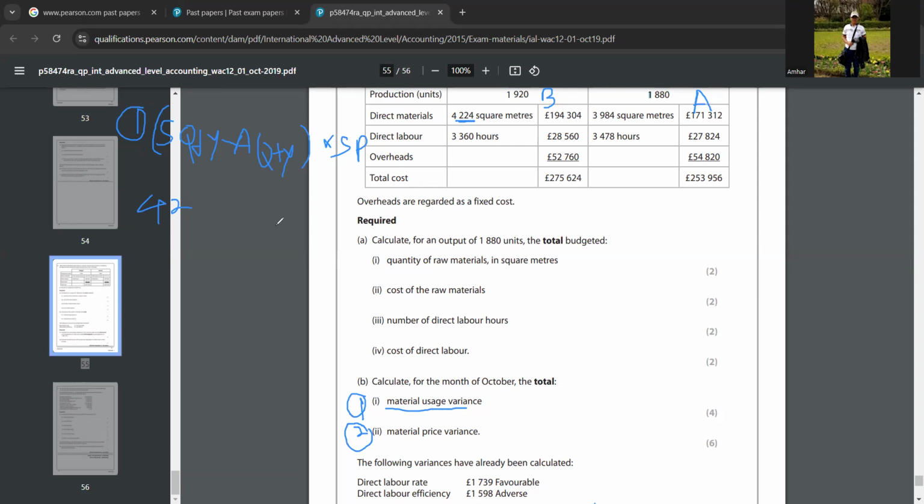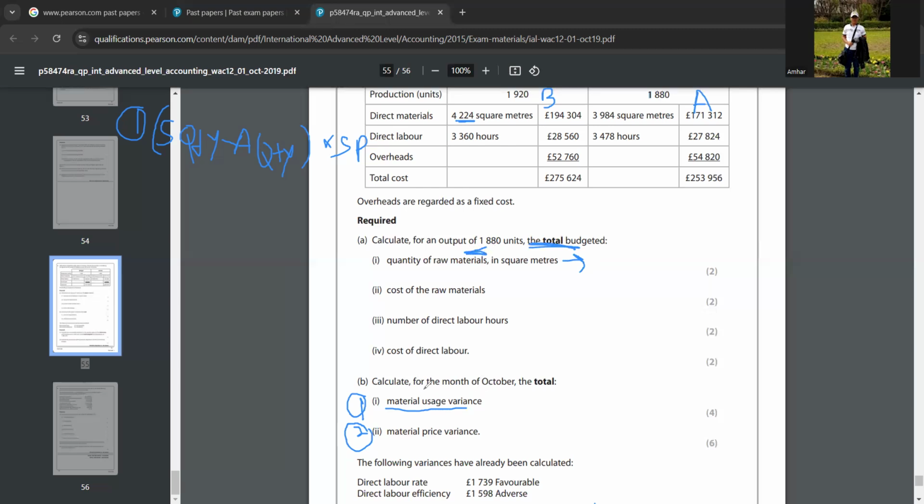Okay, wait, no, sorry, it's not 4,224. Okay, so can you remember, in this we got an answer, total budgeted for an output of 1,880.